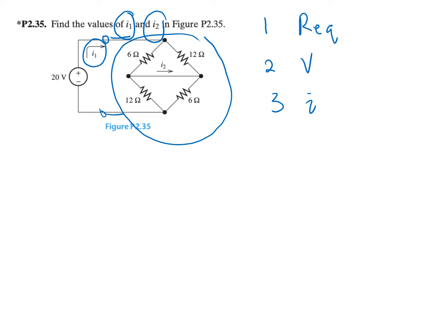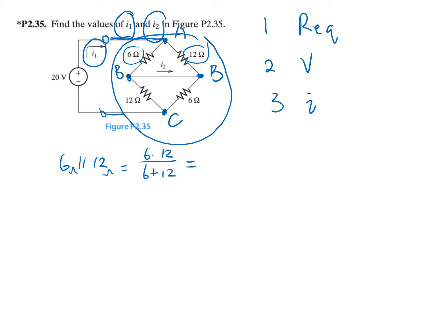Well, in this case, this is terminal A, this is B, and this is B. And in this case, this is going to be terminal C. Well, we can see that the 6 ohm resistor and the 12 ohm resistor are still connected in parallel because they share both A and B. So we have 6 in parallel with 12 ohm resistor, and this is equal to 6 times 12 over 6 plus 12.